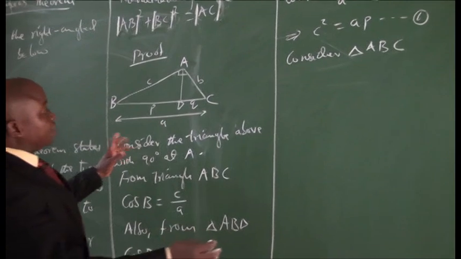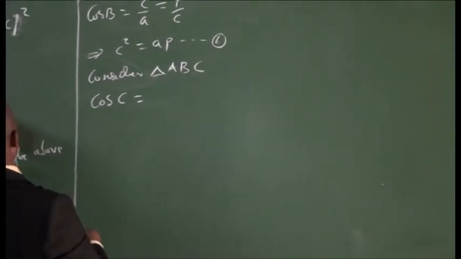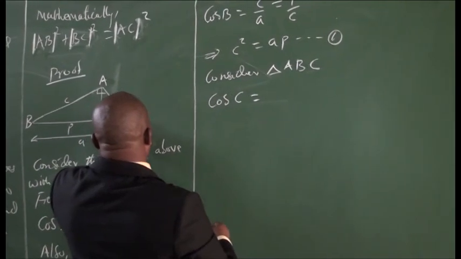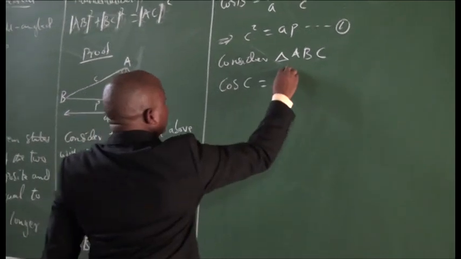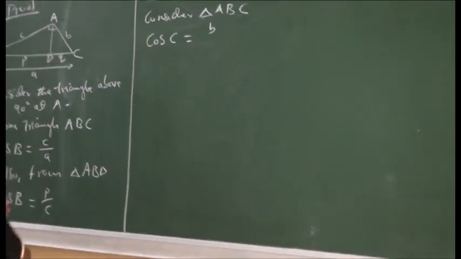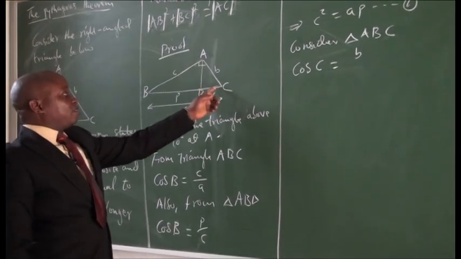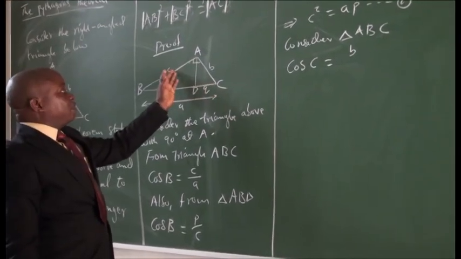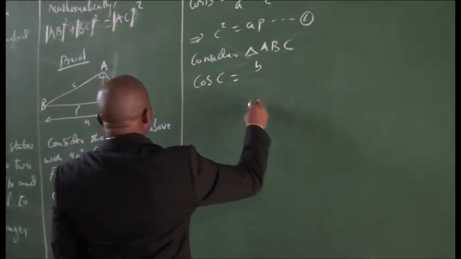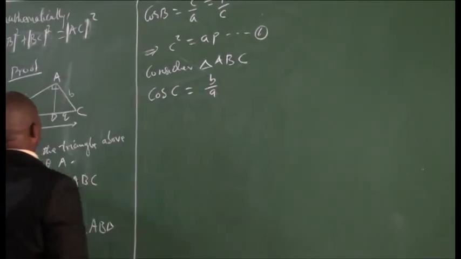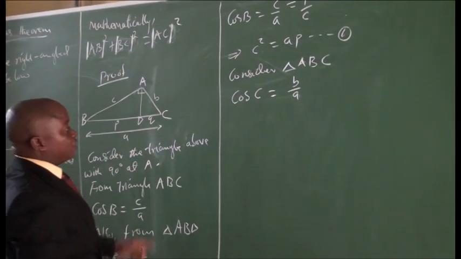If you consider that, then cos C, that is here, cos C is adjacent, which is B. When we talk about this angle, this side becomes the adjacent, which is B over A. So this is the hypotenuse represented by A.